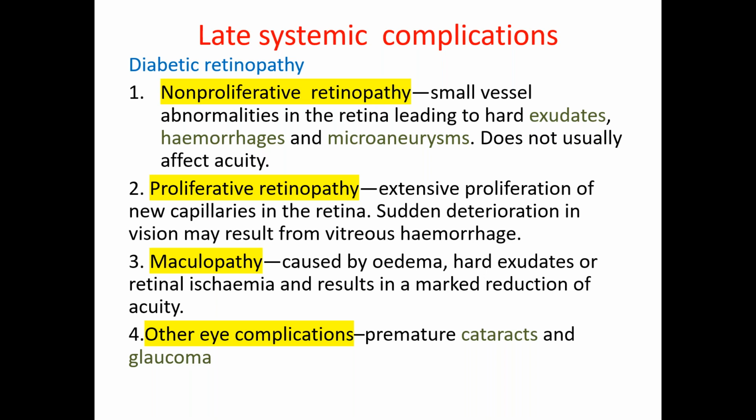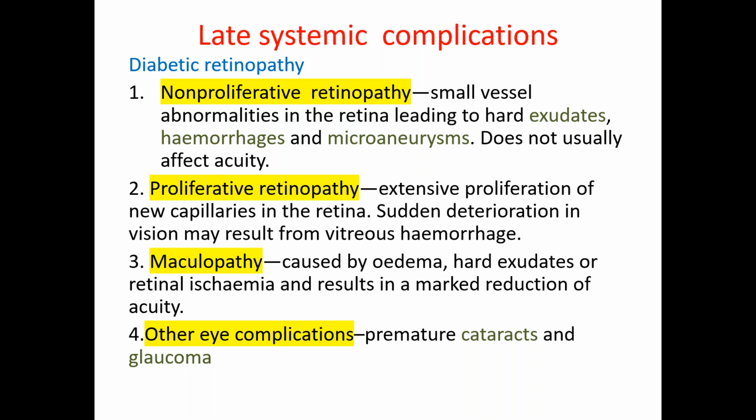In non-proliferative retinopathy, small vessel abnormalities in the retina lead to exudates, hemorrhages, and microaneurysms. And these changes will not affect the visual acuity. Whereas proliferative retinopathy is a serious condition in which there is proliferation of new capillary vessels in the retina, and these capillary vessels may rupture, leading to vitreous hemorrhage, and this may be associated with loss of vision.